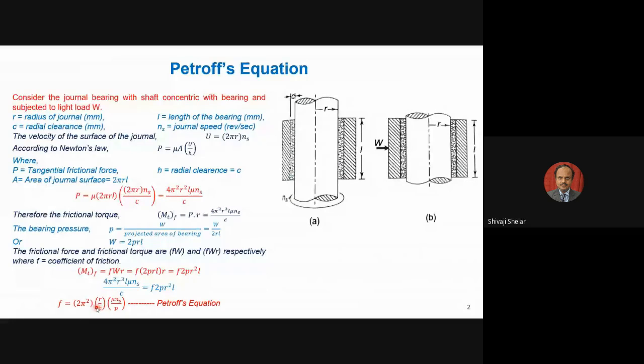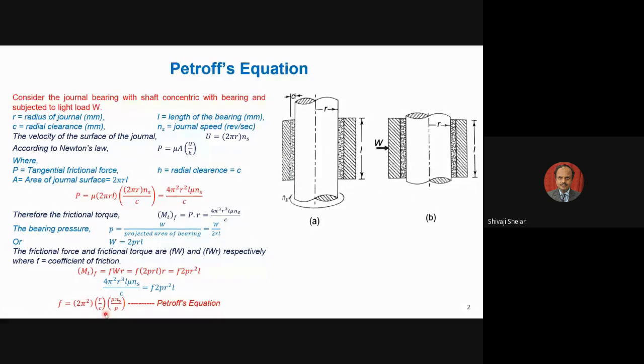If you have a transition fit or interference fit in the shaft, then your shaft may not rotate, or it will have metal-to-metal contact, and c will be minimum. In case of a transition fit or precision clearance fit, there is a chance your coefficient of friction will be very high. So the c value depends upon the type of fit.